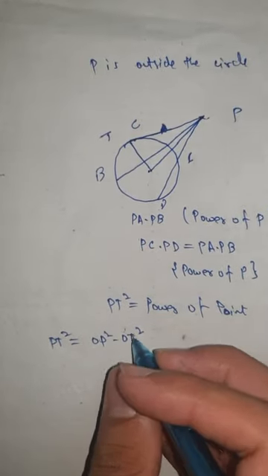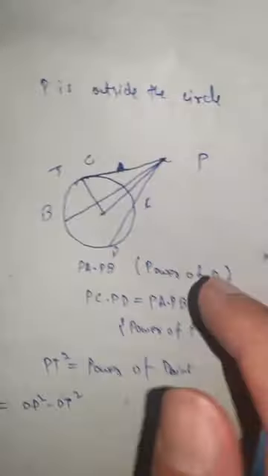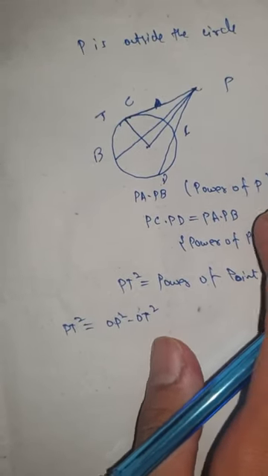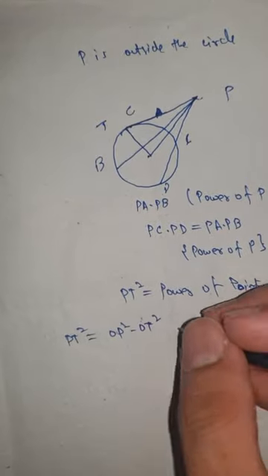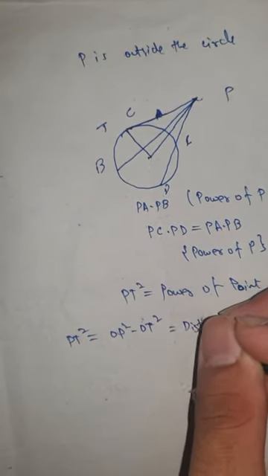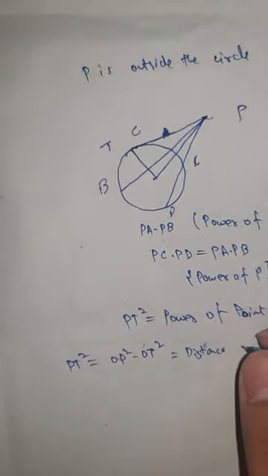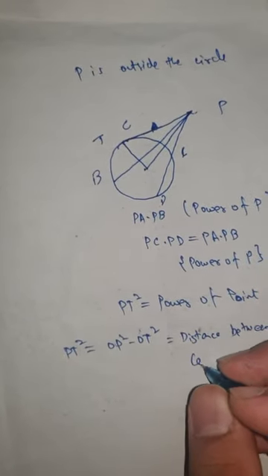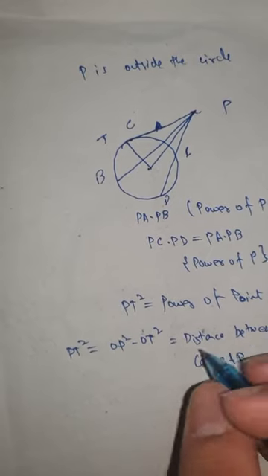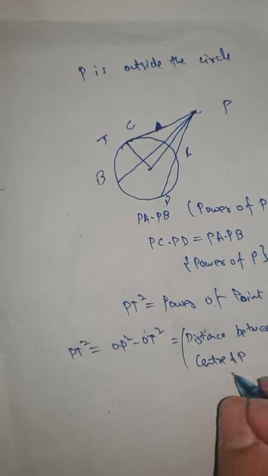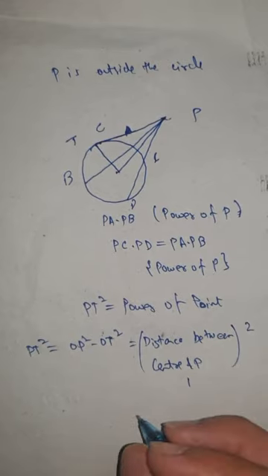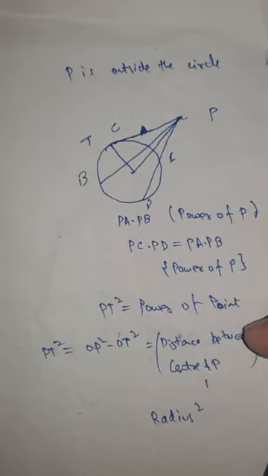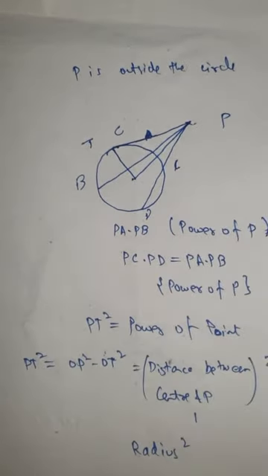Observe that OP squared is the squared distance between P and the center of the circle, and OT squared is the radius squared. So this is equal to the distance between center and P squared minus radius squared. So this is another case of power.